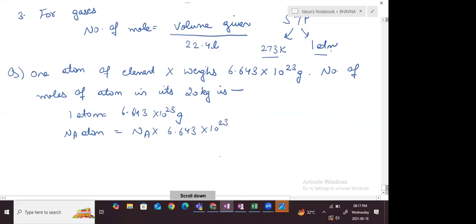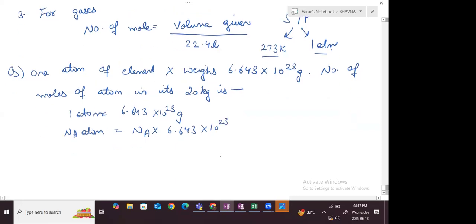Actually, this is 10 to the power minus 23, otherwise my value will be very, very large. Just correct it. Minus, because now it will cancel.